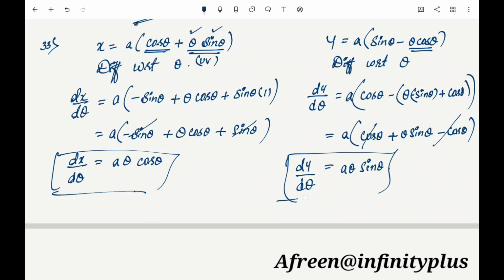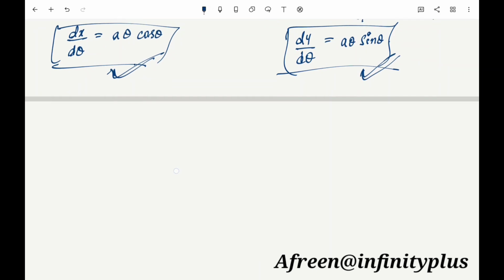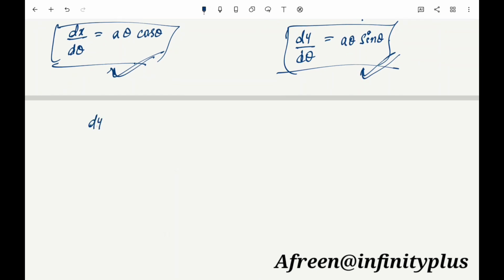Now you have already got dx by d theta and also you have got dy by d theta now. But what they are asking you to find? They are asking you to find dy by dx. Now dy by dx can also be written as dy by d theta whole divided by dx by d theta, which is equal to, you can substitute dy by d theta here.